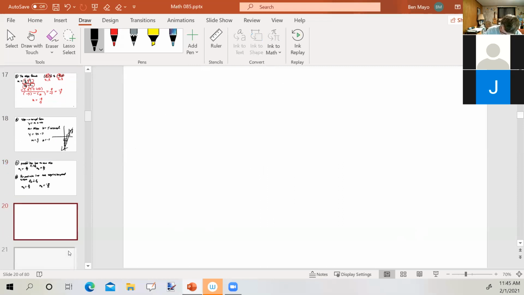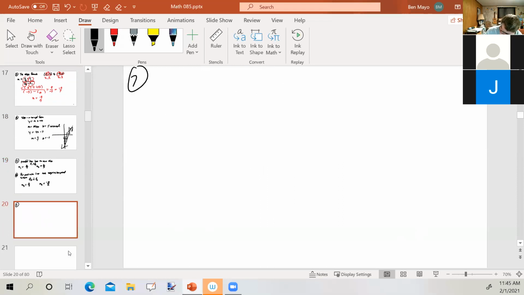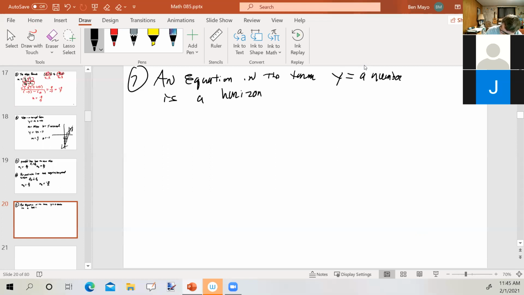Let's see. Number 7. The graph of an equation in the form y equals a number is a horizontal line.